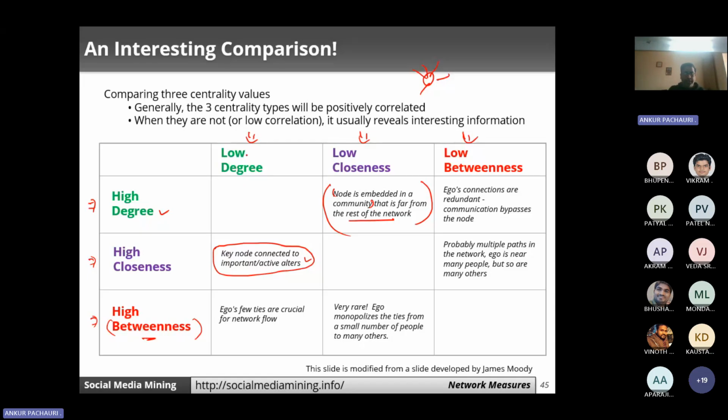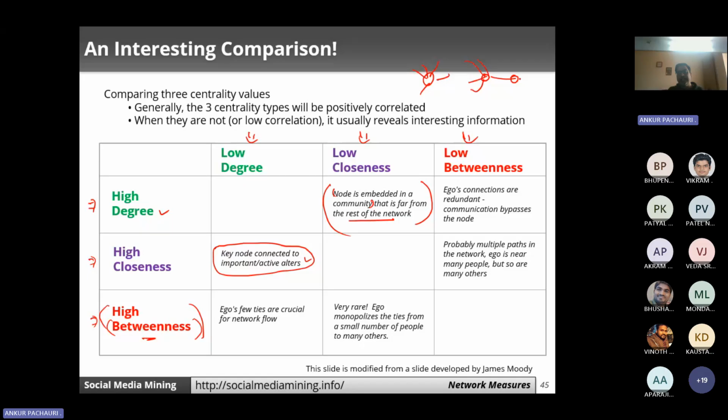Although you have a low degree, your betweenness value is high. In what situation does this happen? Degree is low, but you are participating in most of those paths, so you are connected to such nodes.